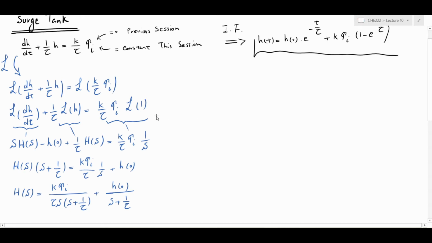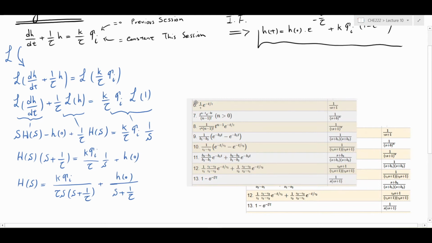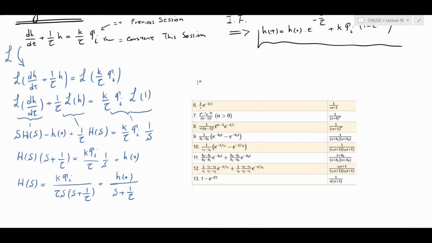Let me bring a portion of our reference table for Laplace transforms to here. At this stage, we have to look into our table and find similar expressions to those we can see on the right hand side of the equation. For the first term, if I play with it a little bit, I can make it similar to expression number 13.